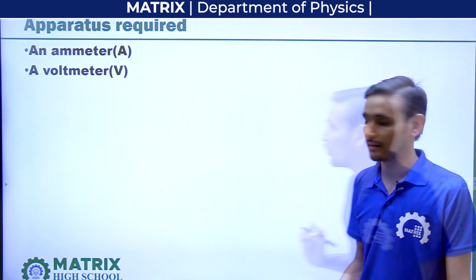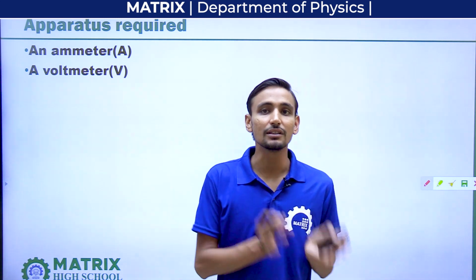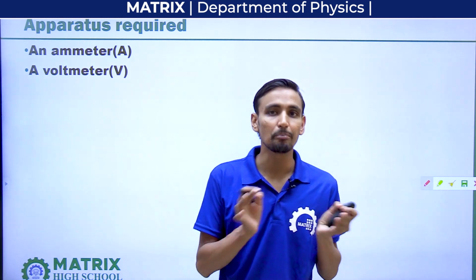Next is the voltmeter. A voltmeter is used to measure the potential across a resistor, and it is connected in parallel.